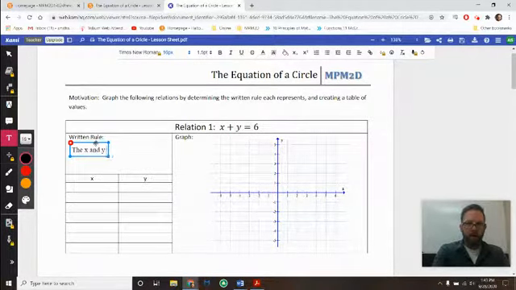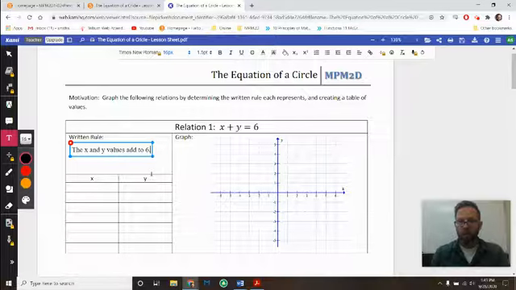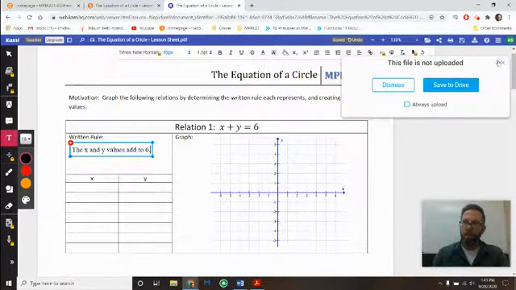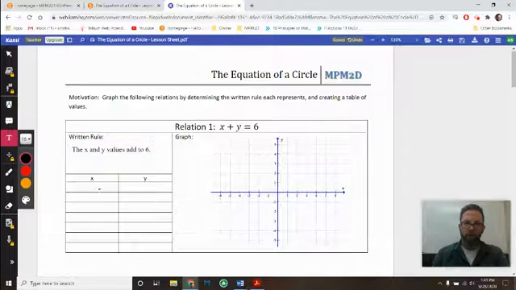X and y values add to 6. If you wanted to generate some points on this relation, you just have to think of some numbers that add to 6. So that's not too bad for us to do.